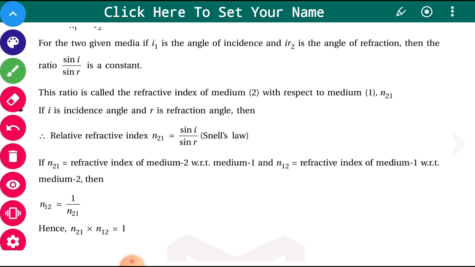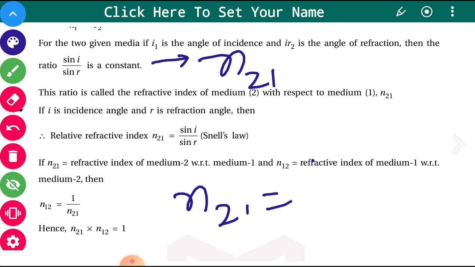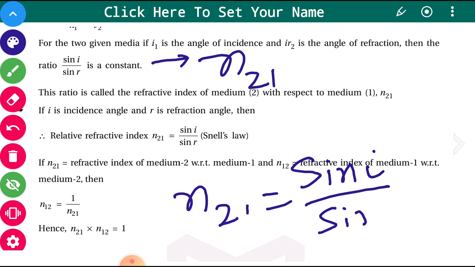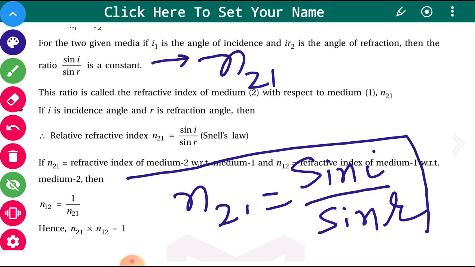So that is the refractive index of medium 2 with respect to medium 1. Now the relative refractive index is n21, so we can say n21 is equal to sin i upon sin r. So this is very clear.